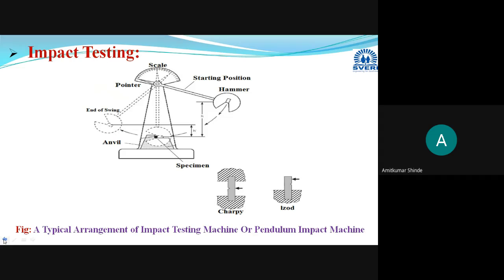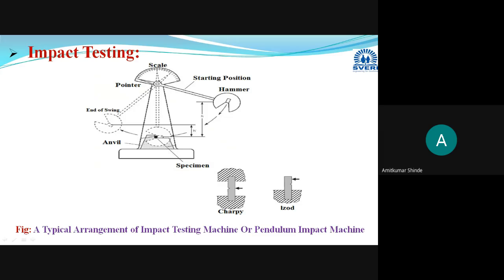Whichever striking velocity you are using, the striking velocity should be lesser than this critical velocity. You have to take care that you first calculate the critical velocity, and whichever striking velocity you are using should always be lesser than that critical velocity. Striking velocity of this hammer should be less than the critical velocity.